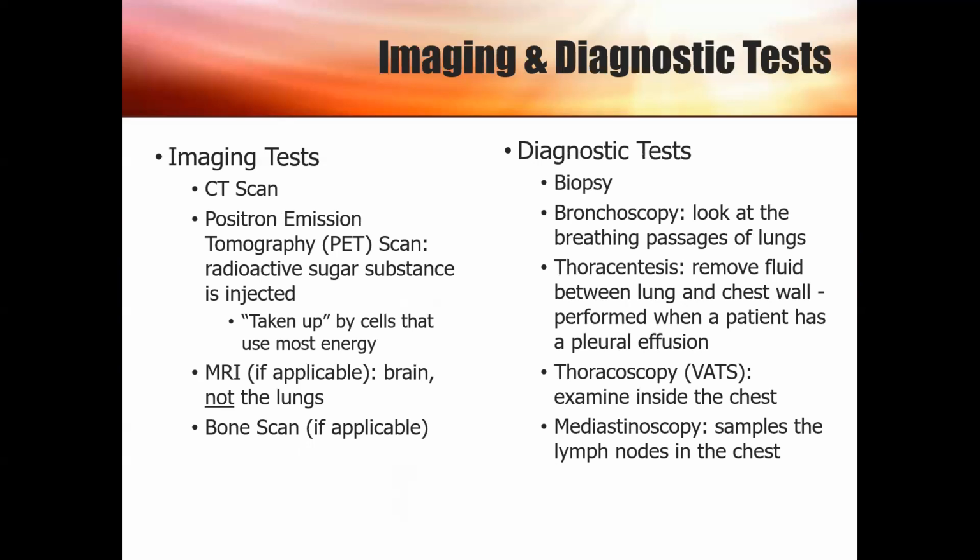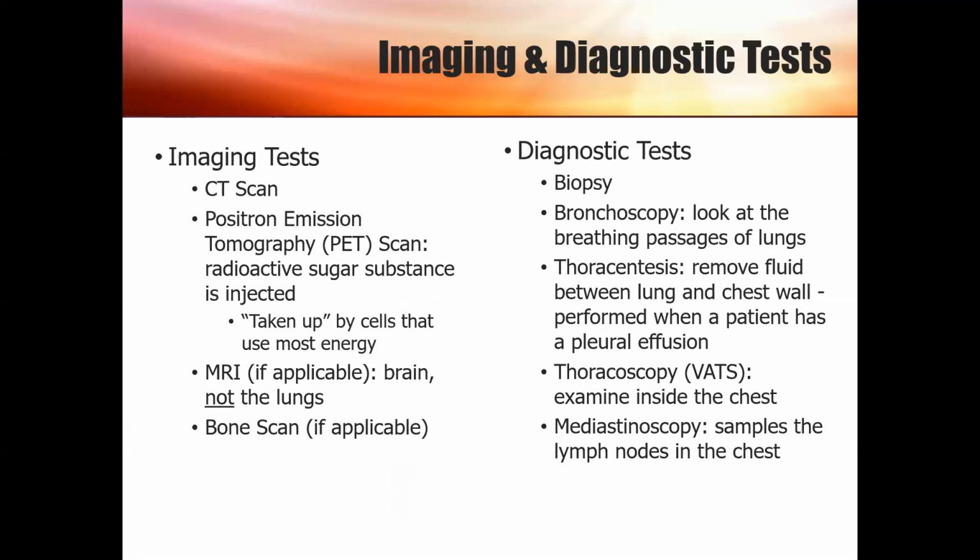Most of the time, a PET scan is more definitive in this way than the CT. The difference between a CT and a PET is that a small amount of radioactive sugar substance is injected into the patient. This sugar substance is taken up by cells that use the most energy.